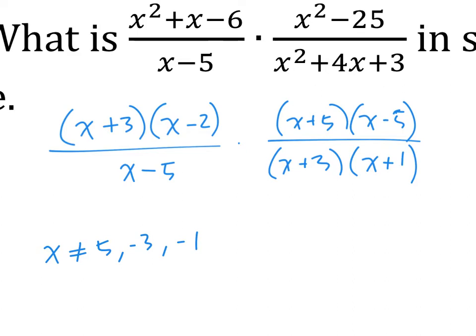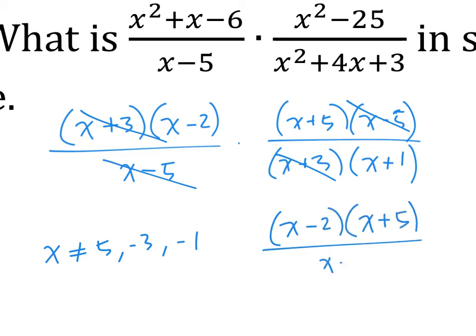You can cancel straight down or you can cancel across, because the whole idea is if you multiply it together, you're going to get across. That's all going to multiply together. So they're all in the numerator and then they're all in the denominator. So wait, I see this is the same. They're going to cancel. This is the same. They're going to cancel. So I'm left with x minus 2, x plus 5 over x plus 1.